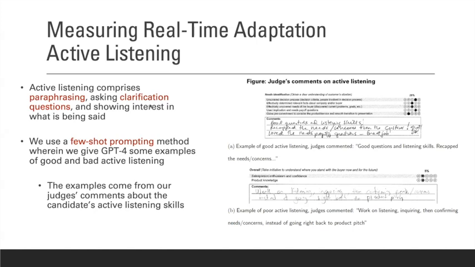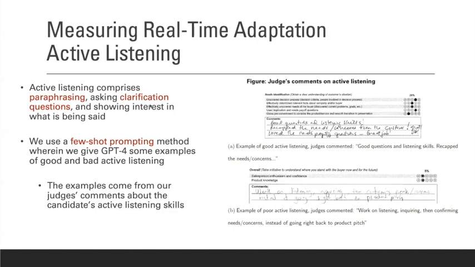Most language models have been trained on tasks like paraphrasing, so they already have some context of what it is. Further, to give them some domain knowledge, we use a very popular method, few-shot prompting, which involves giving the model some examples of the construct you want to identify. So now, the question is, how do we give good examples? For this, we rely on the scoring sheets of our expert judges.